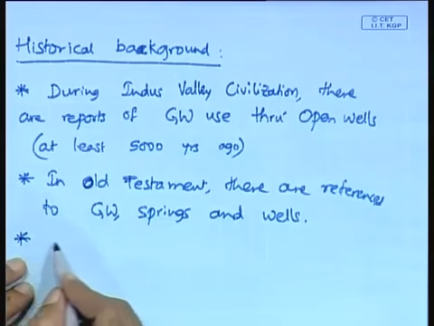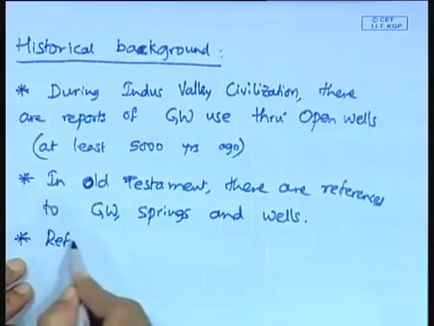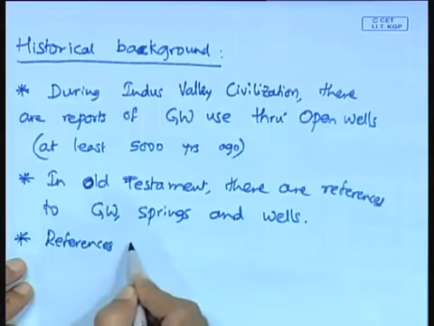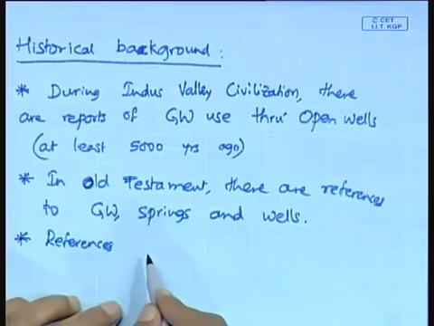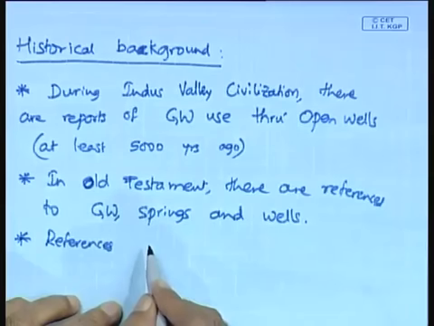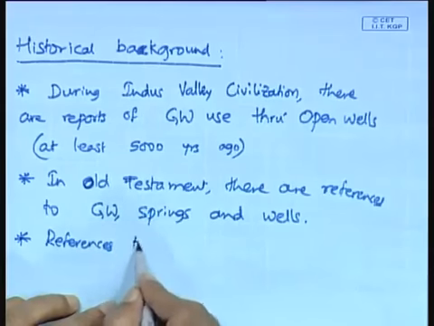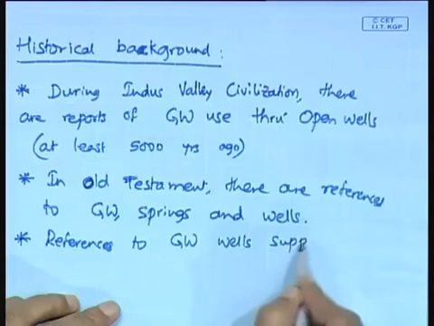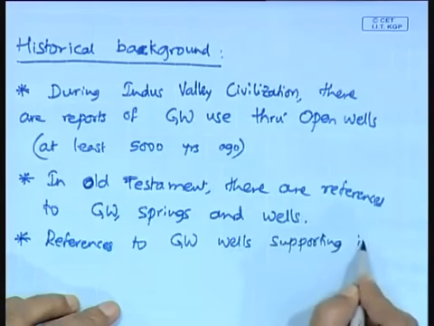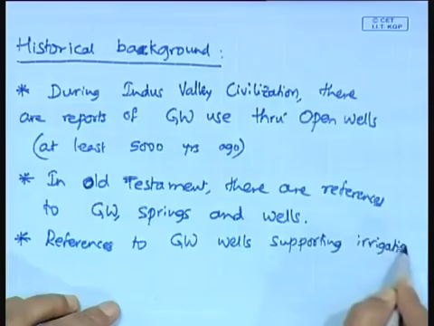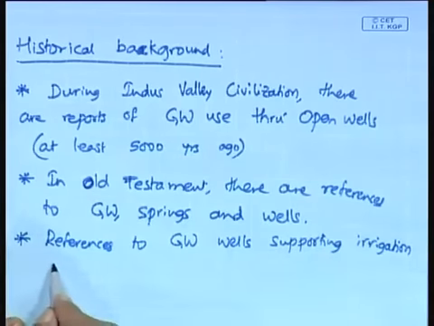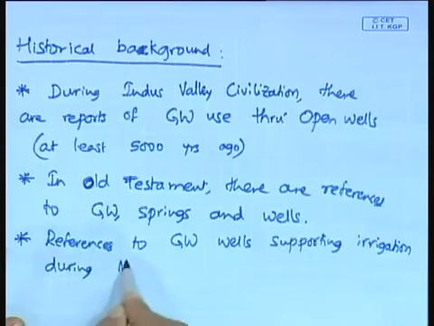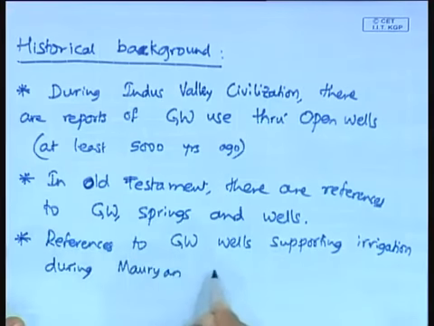Around the same time in India, there are references to groundwater wells supporting irrigation during the Mauryan Empire.